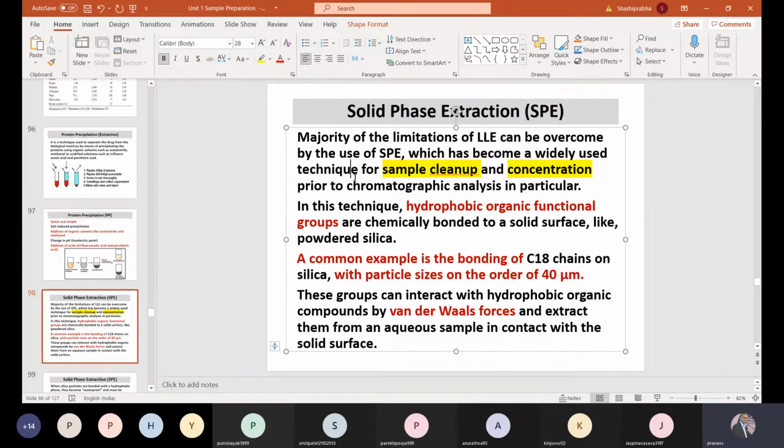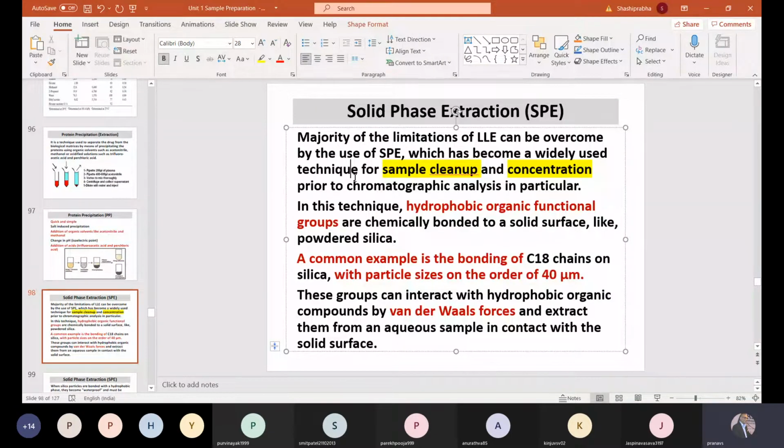So to extract those molecules which are hydrophobic in nature from a complex matrix, we need a solid phase which is hydrophobic in nature because of hydrophobic interaction. And this is achieved by using powdered silica as a solid phase.